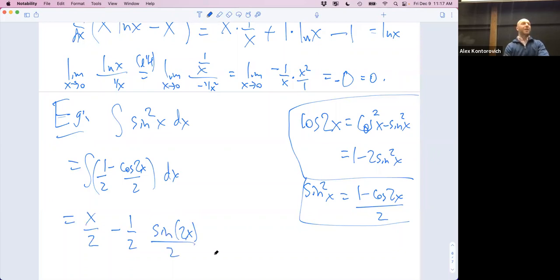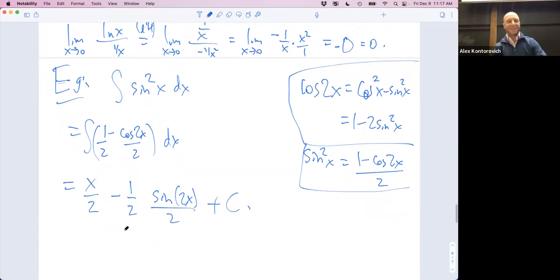So let's kill off that 2. Do we need a plus c for both of them? No, we just need a 1 plus c. Okay, what should we do? Let's check if this really works.